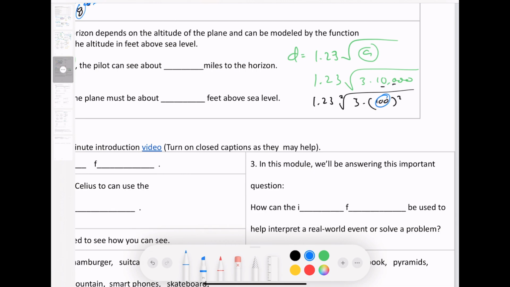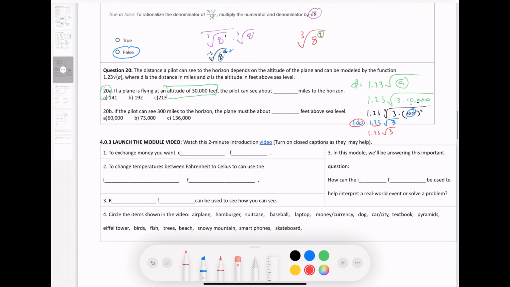So this 100 can come out here. 100 times 1.23 times the square root of 3. The 100 moves this decimal 2 places, so it's 123 times the square root of 3.